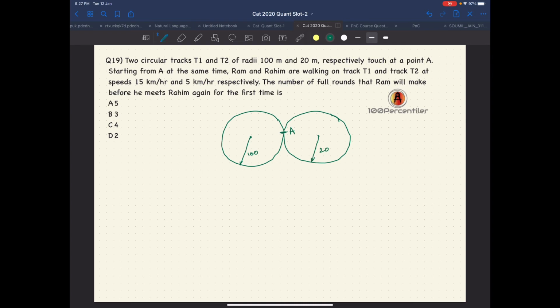Now starting from point A, at the same time, Ram and Rahim are walking on track T1 and track T2 at speeds 15 and 5. So let's say this is 15 and this is 5. The number of full rounds that Ram will take before he meets Rahim again for the first time. Okay, so they can meet only at point A. So this is the single meeting point here.